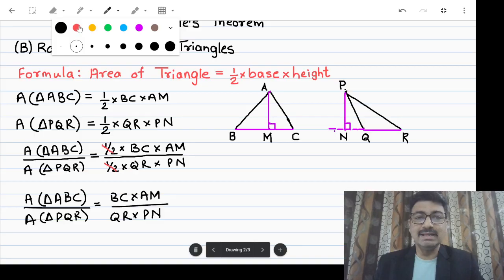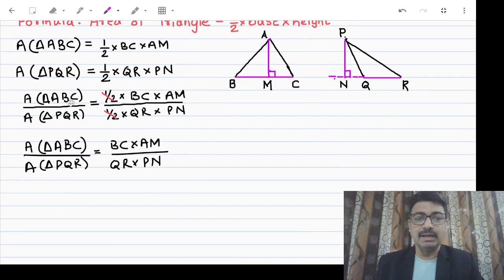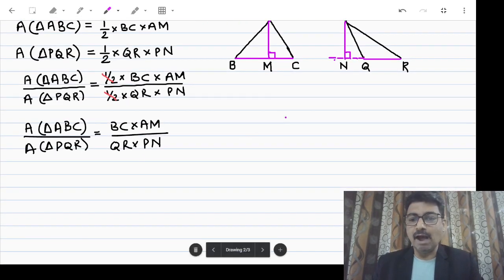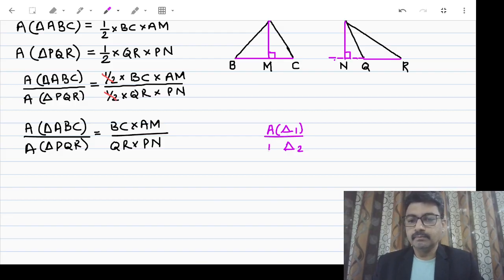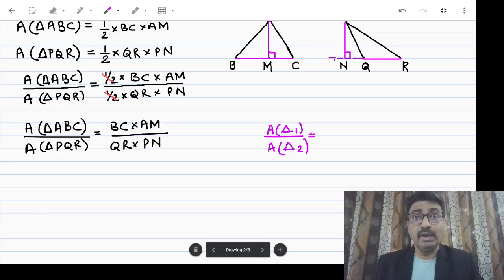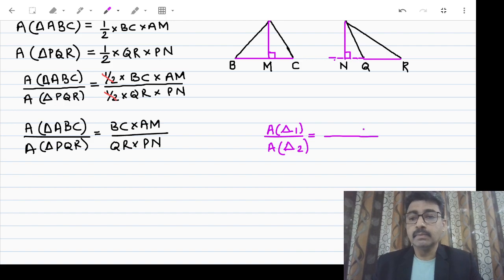We can write it as a generalized statement. If I have two triangles, triangle 1 and triangle 2, then the ratio of areas, so area of triangle 1 upon area of triangle 2, will be equal to the ratio of the products of their bases and corresponding heights.